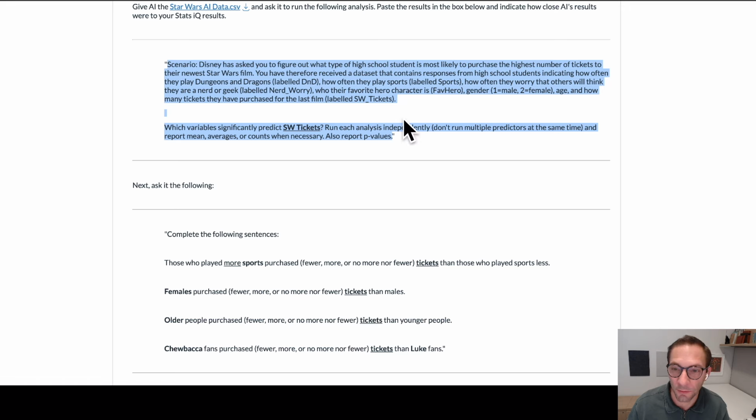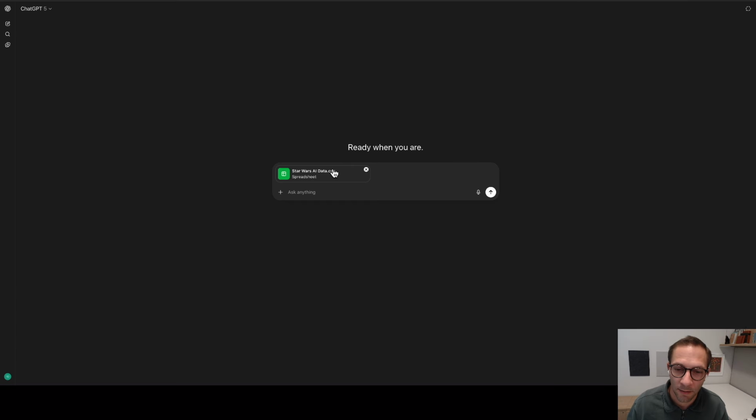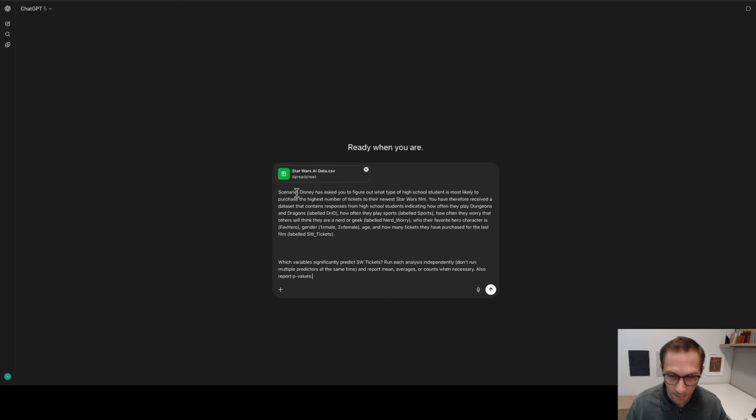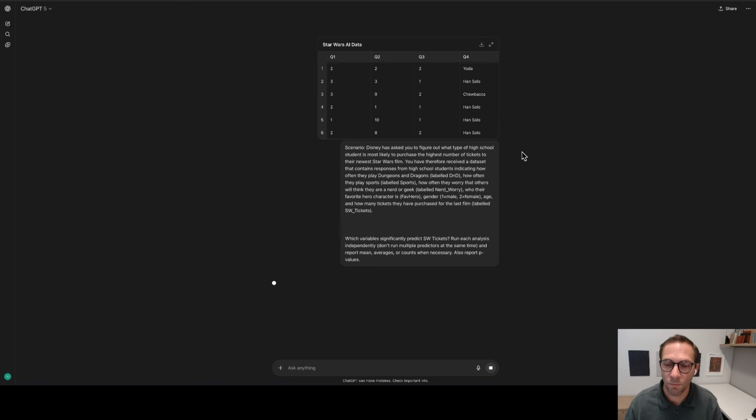But anyway, we want the analyses to be independent, and then we want to report means, averages, or counts when necessary, and also report p-values. All right, so I'm going to copy that. I'm going to paste it here in the prompt, and then let's see what it does.